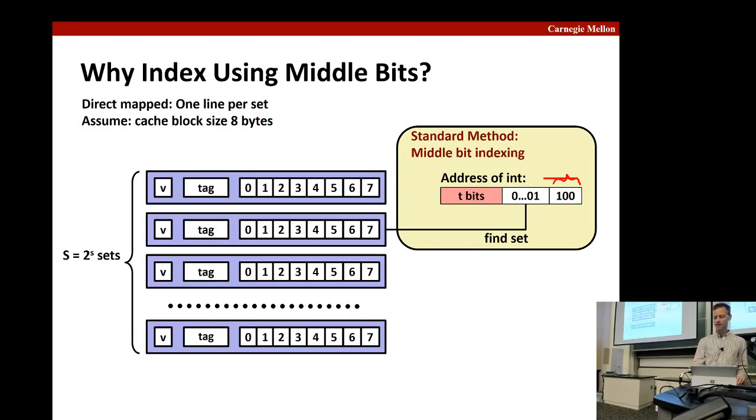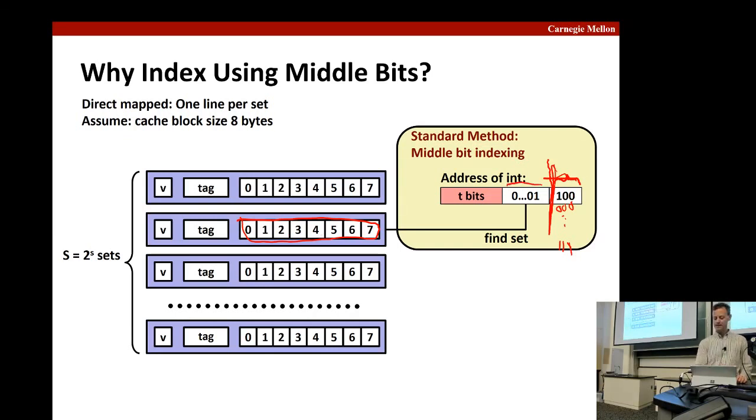Because once you have a cache line, memory is laid out consecutively, so all the bytes from 000 up to 111 will just be consecutive in memory, okay? If you truncate this to be the exact size of a cache line, all these things will be consecutive in the cache line. So that's why you want to use these bits to do the lookup within the cache line.